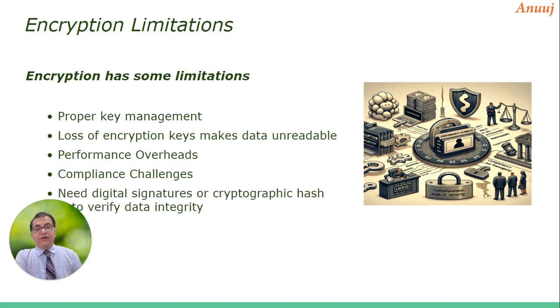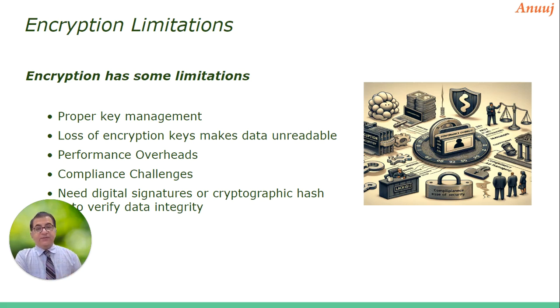And you need digital signatures. It needs digital signatures or some cryptographic hashes to verify data integrity. Encryption itself does not manage data integrity, but in conjunction with a cryptographic hash algorithm or in conjunction with digital signatures, it is even able to take care of your data integrity.